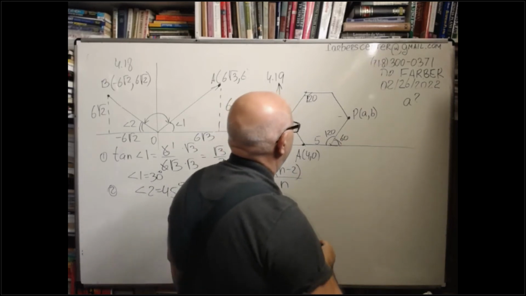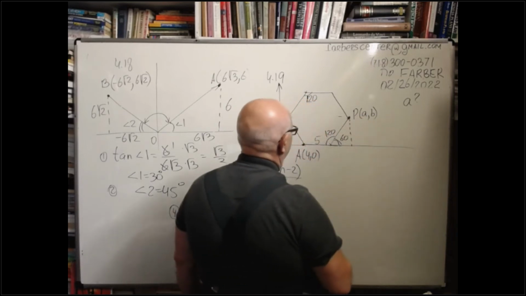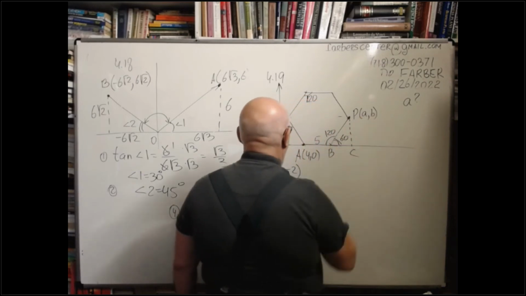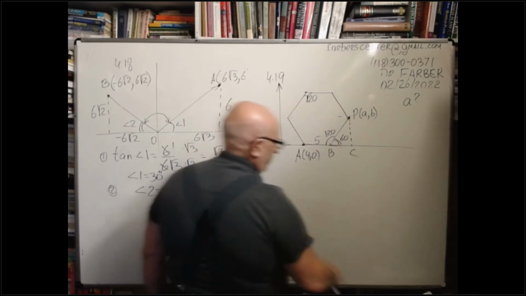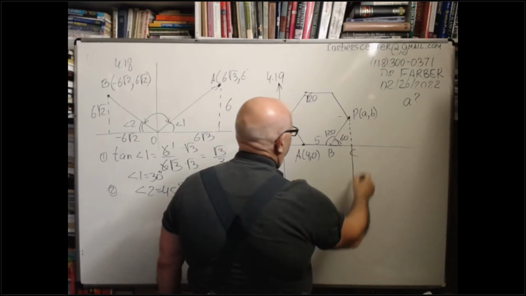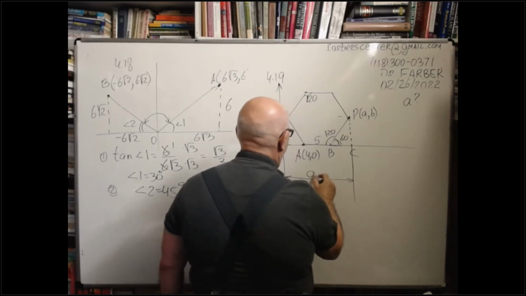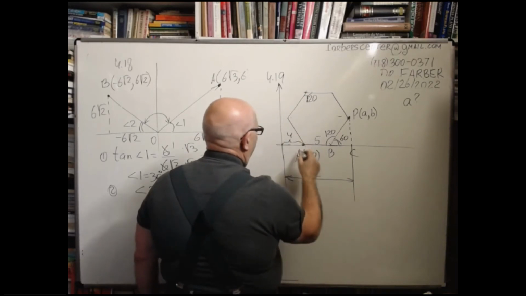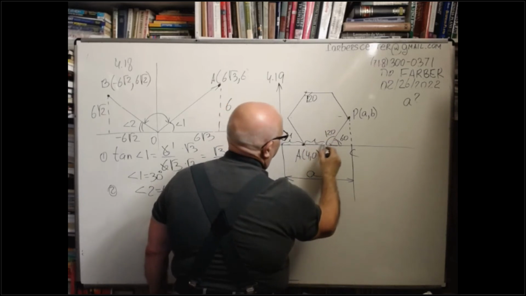If I make perpendicular PH, what is H? A is this distance, because a is the x coordinate of this point P. This is a. And look at this. This equals 4. This equals 5. Why? It's given.